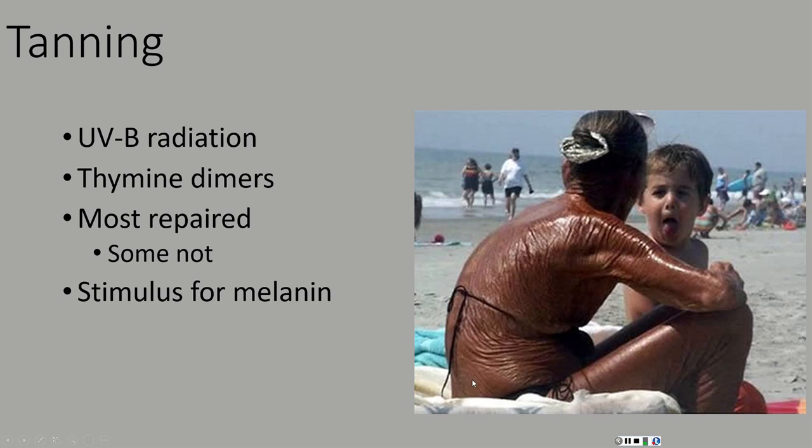Now, I'm going to draw out what a thymine dimer is just so I can talk about it. You are not responsible for knowing what I'm about to draw. Let's look at a segment of DNA. So here's my DNA, and in this part that we're looking at, let's just draw in some nucleotides.